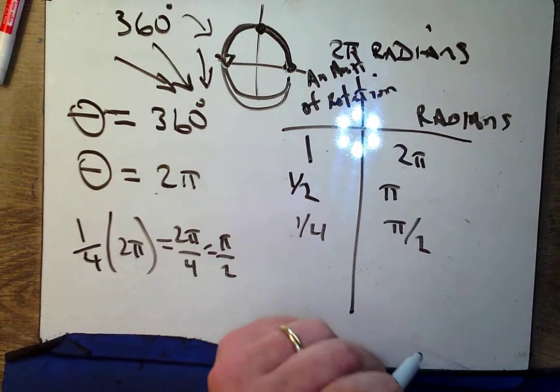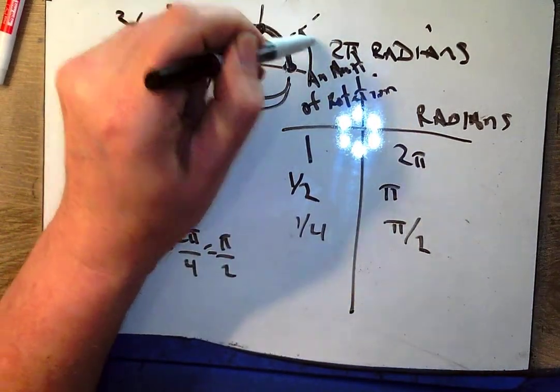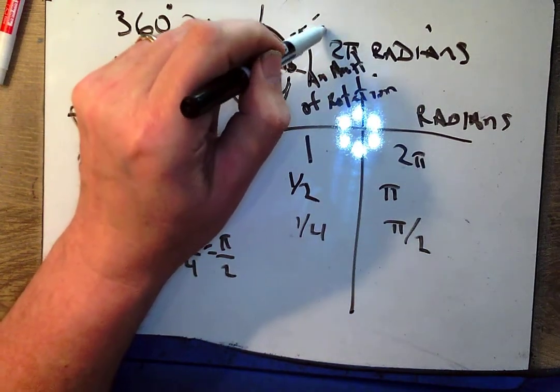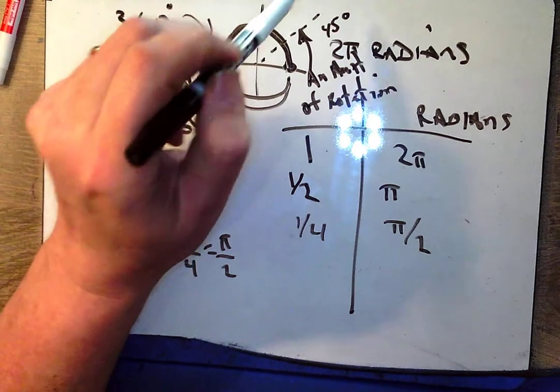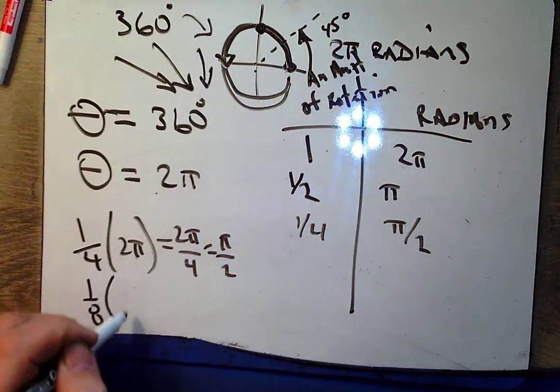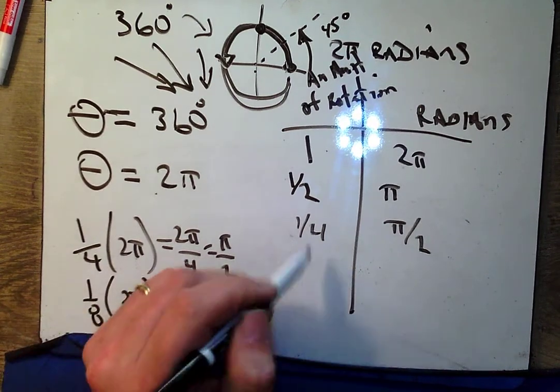Pi over 2. And in fact, if I stop here, this place, and you know this place, it's called 45 degrees. If I stop here, that's actually an eighth of the whole way around. And so I end up with pi over 4.